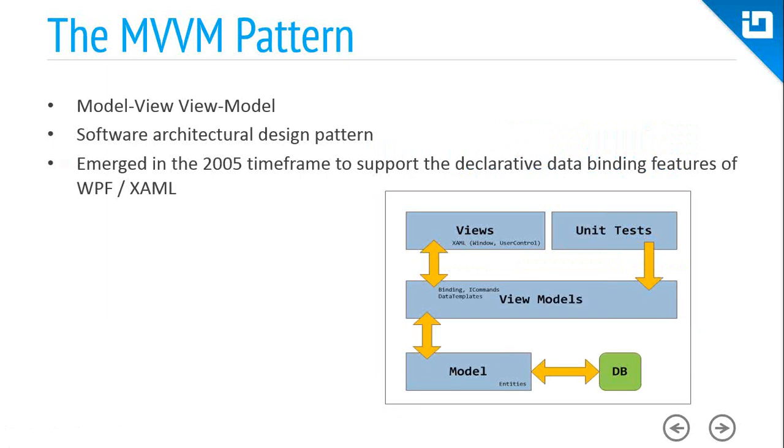MVVM is inspired by various other UI patterns that you already know, like the Model View Controller pattern, which is the MVC pattern out there, one of the oldest patterns and widely followed in web technologies. Broadly speaking, the Model View ViewModel pattern attempts to gain both the advantages of separation of functional development provided by MVC as well as leveraging the advantages of data bindings provided by the framework.